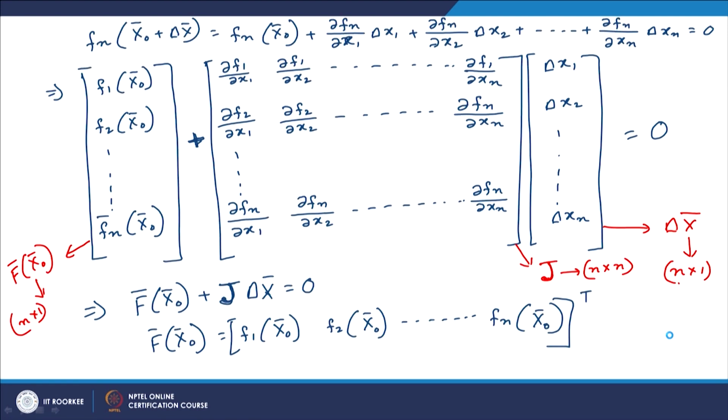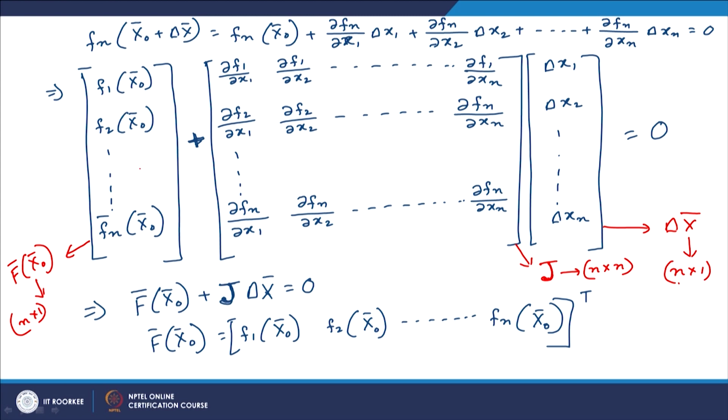Similarly, when I say f2 of x naught, that only means that we are evaluating the function f2 with the values given by x naught, and as x naught is not the true solution, f2 evaluated at x naught will also not be zero.